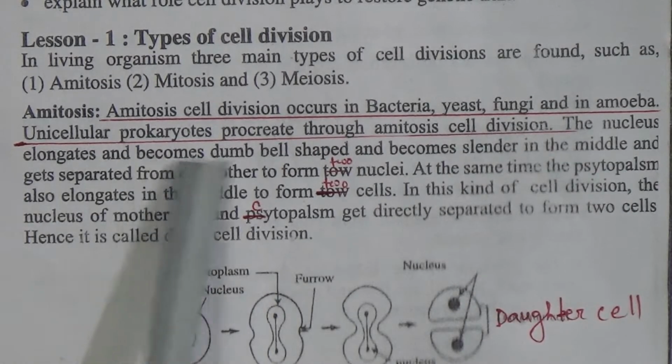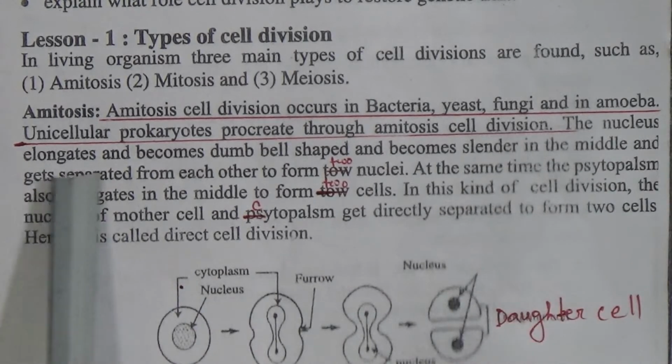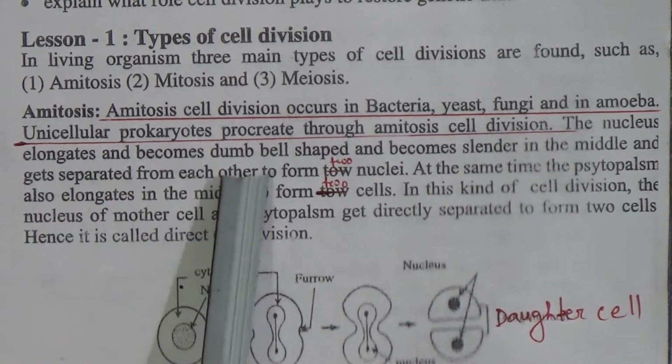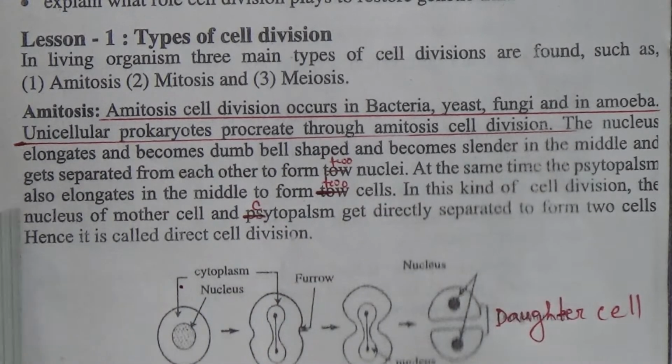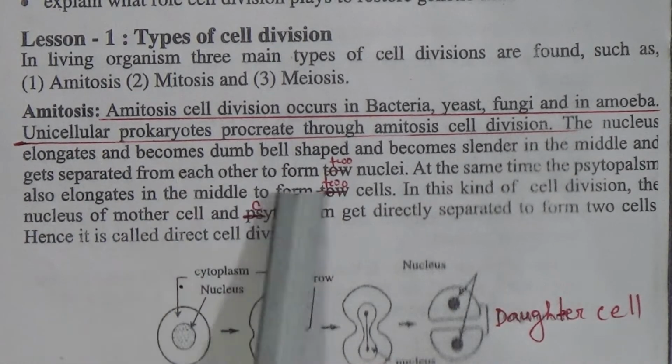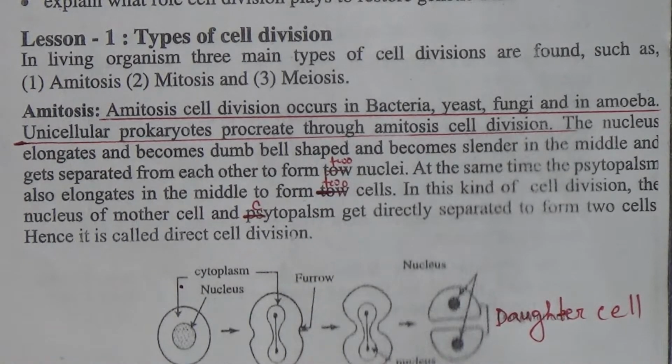Unicellular prokaryotes procreate through amitosis cell division. The nucleus elongates and becomes dumbbell shaped and becomes slender in the middle and gets separated from each other to form 2 nuclei. My dear students, now follow the figure here.